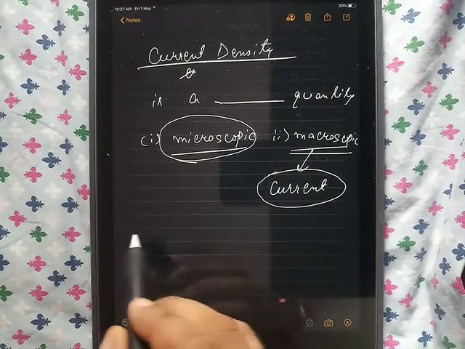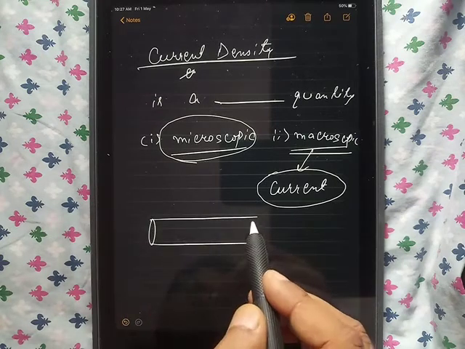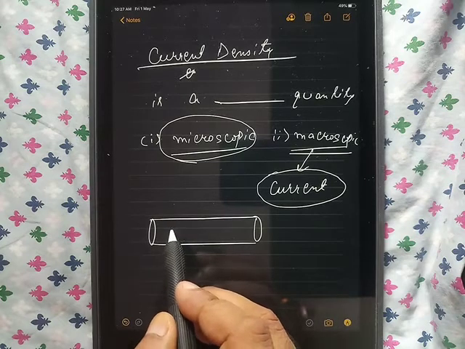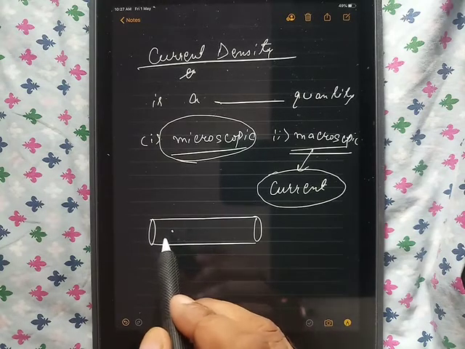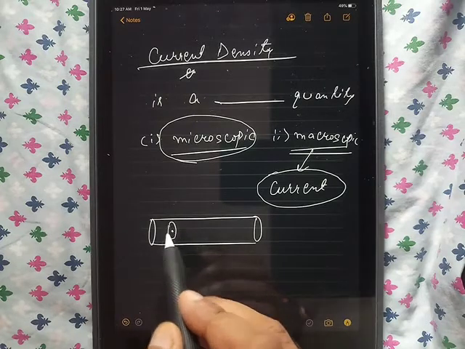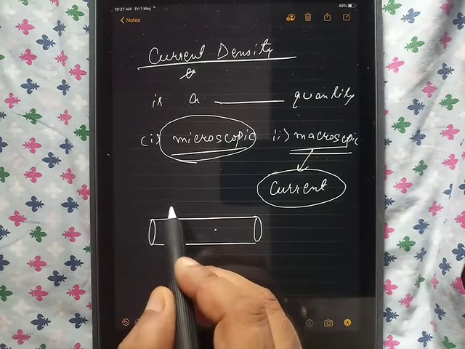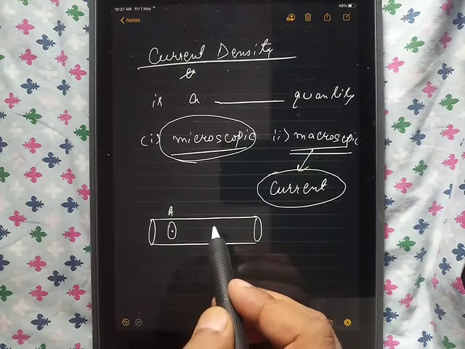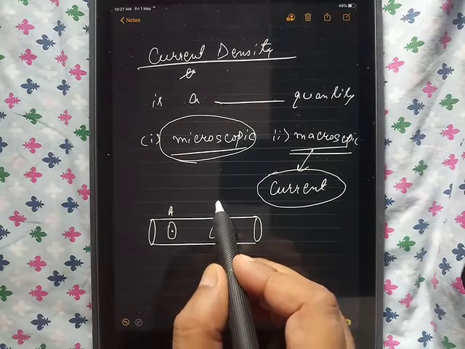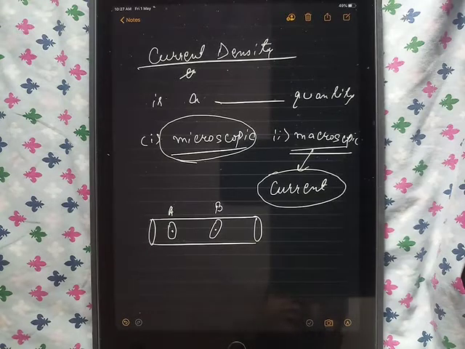For example, if I take a conductor and I have to define current density at this point, let us take a surface like this, and at this point, let the name of the point be A, and at this point B, we have to define the current density, and let the surface be inclined at an angle.